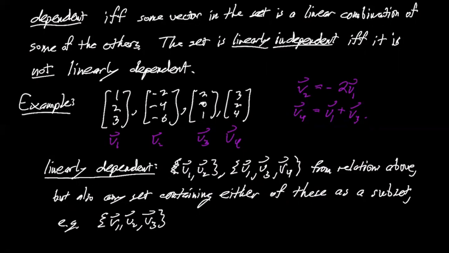Because again, the definition is some vector is a linear combination of some of the others. And so here, v2 is a combination of v1, even though v3 is not involved. So that's still a linearly dependent set. And you could also just say all four vectors, v1, v2, v3, v4, form a linearly dependent set. Okay, so those are linearly dependent sets.